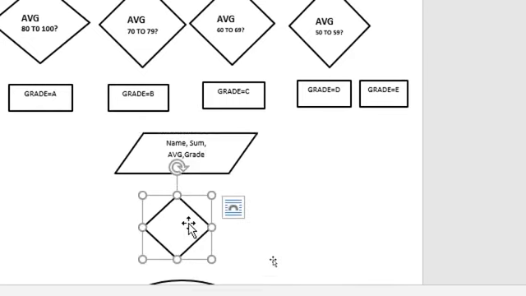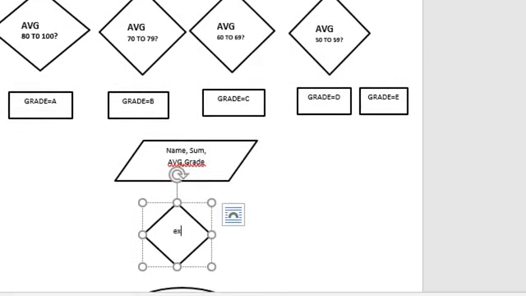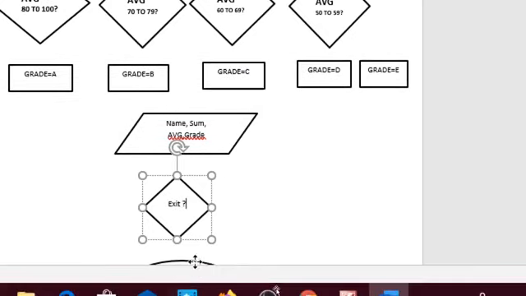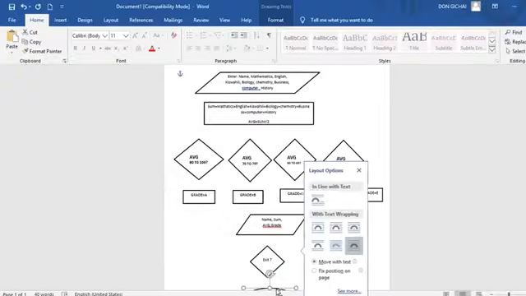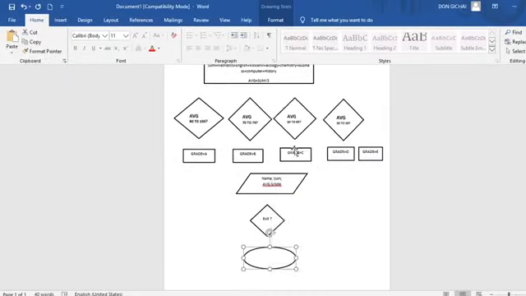Then this one right click, add text. This one is exit question mark. Then we have this one, right click, add text. This one is stop, and it's not actually very big, but the writing is big. That way.